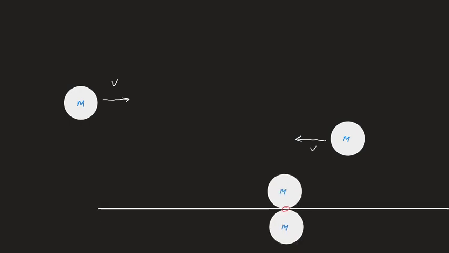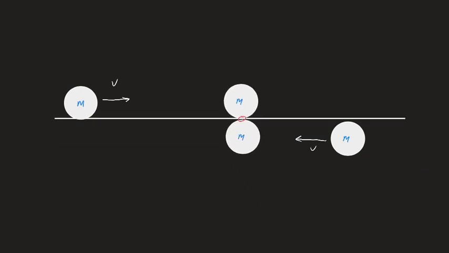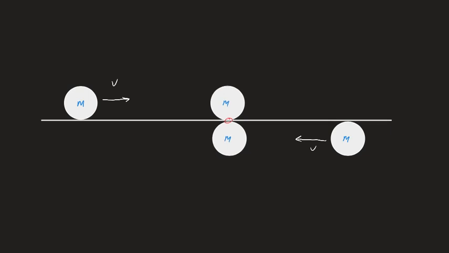But these two objects don't have 0 angular momentum. This problem requires that you think about the fact that when they meet in the middle, I think it's obvious to me that they're going to begin to spin when they meet and touch at that point. Is that pretty obvious to you guys?